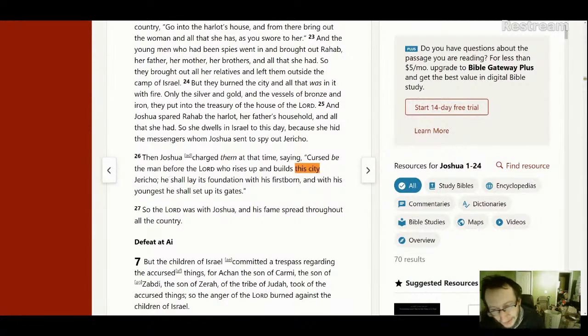Evidence indicates from the Dead Sea Scrolls that the original text did not say Jericho. So the book of Joshua has added the name Jericho into the text. So the Apocryphon of Joshua actually preserves the older text. So we can use the Apocryphon of Joshua to reconstruct the text here as not saying Jericho.